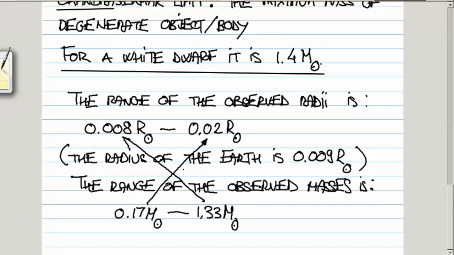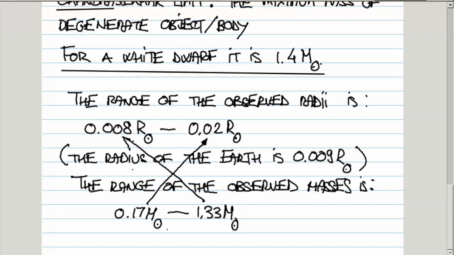Okay, so we see that the most massive white dwarfs actually are comparable in size to our Earth, right? The most massive ones have a radius about 0.8% of the sun's radius, which is not too different from the radius of the Earth. So you can often read a statement that the typical size of a white dwarf is comparable to Earth. Well, not quite so, right?